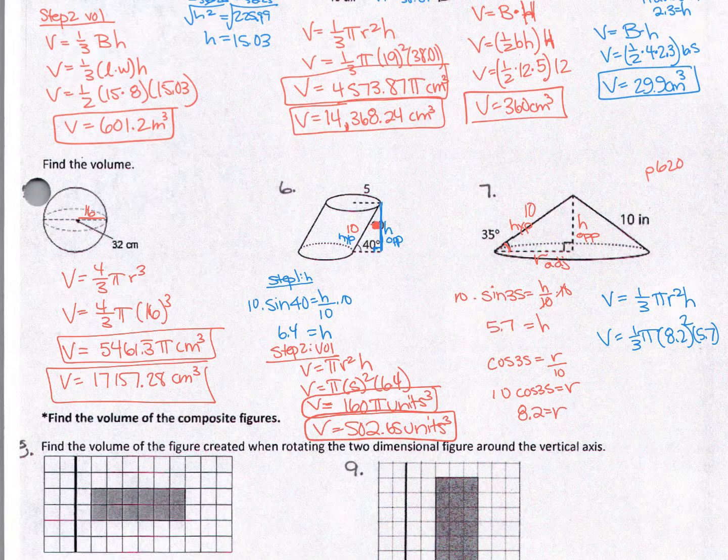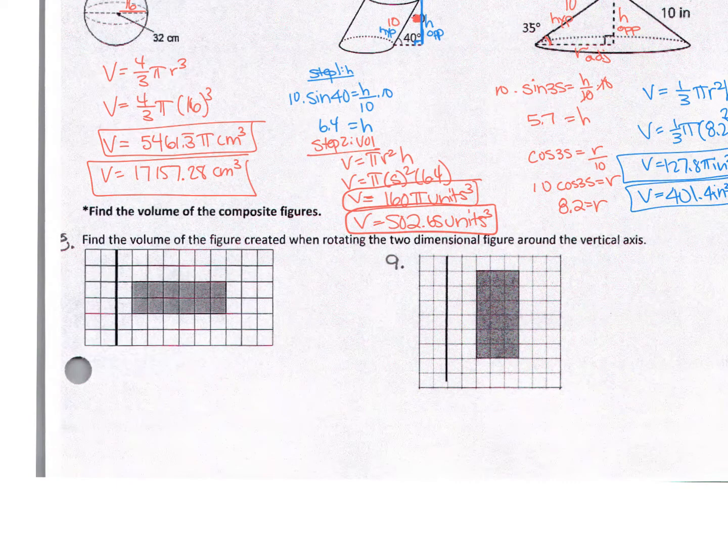I would put the 8.2 squared into my calculator first, multiply by 5.7, and then divide by 3. That would give me 127.8 pi inches cubed. If you multiply by pi, then we're getting 401.4 inches cubed for our answer. They're both fantastic. And keep in mind, you might have a slightly different answer on your paper if you didn't use exactly 5.7 or exactly 8.2 for your radius and height.